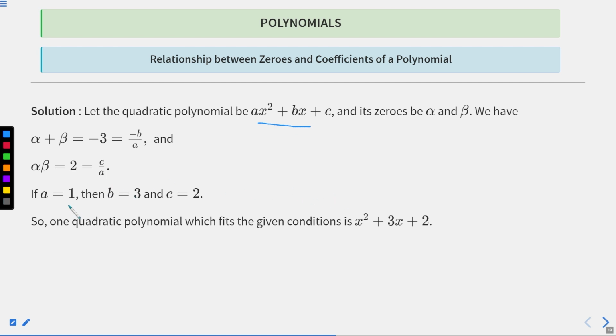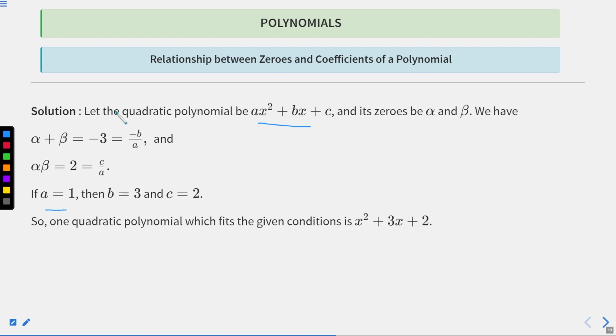So if a is equal to 1, then b is equal to 3 and c is equal to 2. So from these relationships you get the value of a equal to 1, b equal to 3 and c equal to 2. So one quadratic polynomial which fits the given conditions is x square plus 3x plus 2.